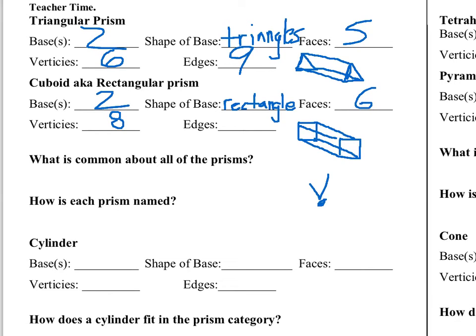Now, one of the great things about drawing the shapes is that you are actually drawing the edges. Every time you draw a line segment, that is an edge. So as you're drawing it, you can be counting the edges. 1, 2, 3, 4, 5, 6, 7, 8, 9, 10, 11, 12. How many edges?